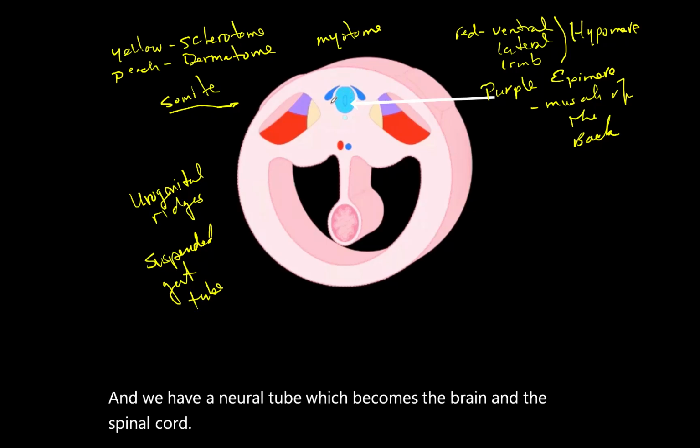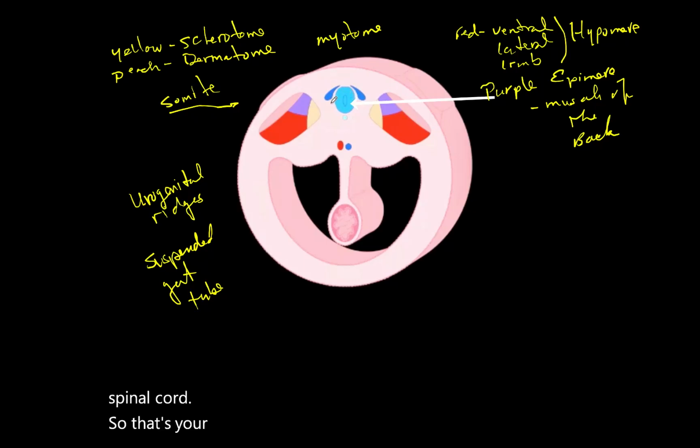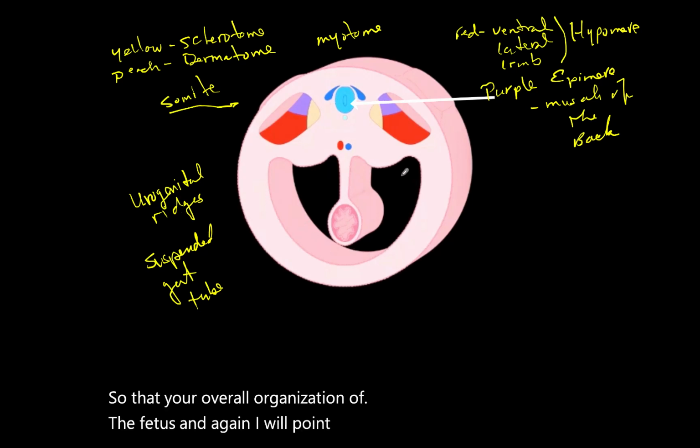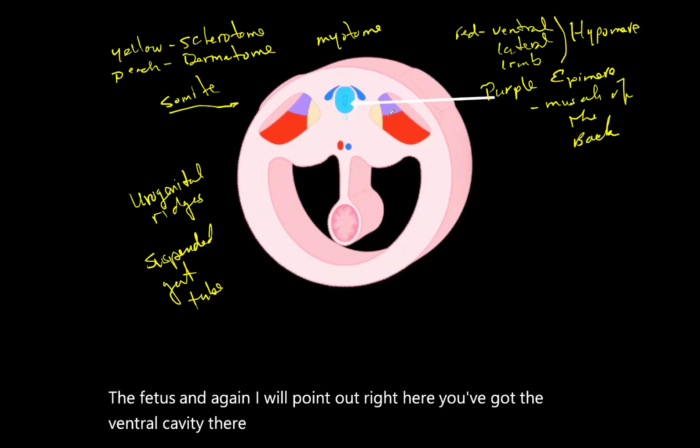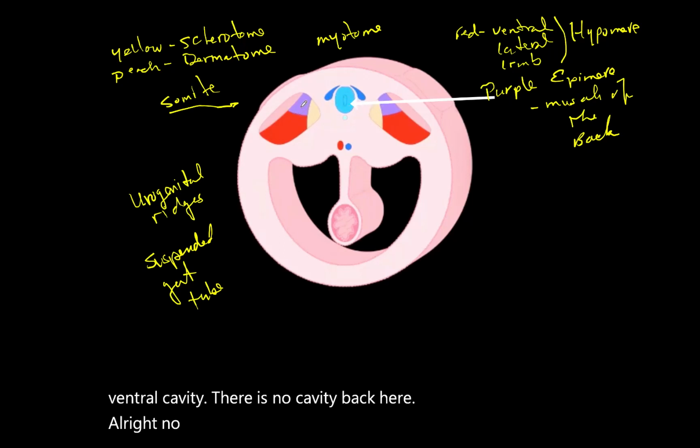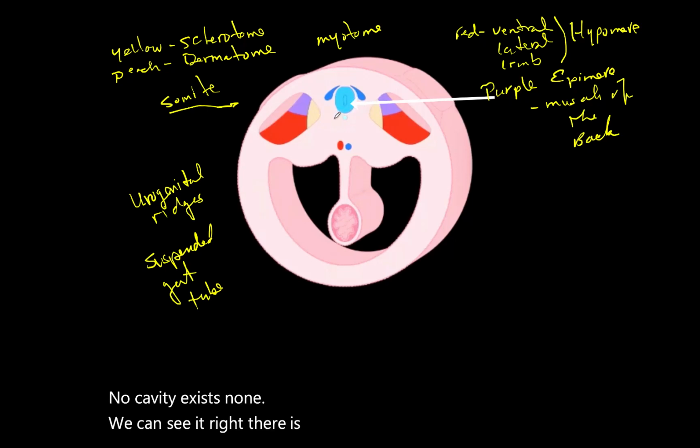So that's your overall organization of the fetus. And again, I will point out right here, you've got the ventral cavity. There is no cavity back here. No cavity exists. None. We can see it. There is nothing here.